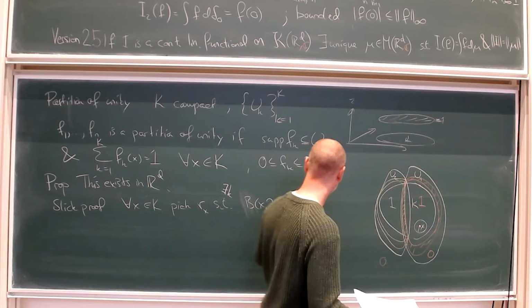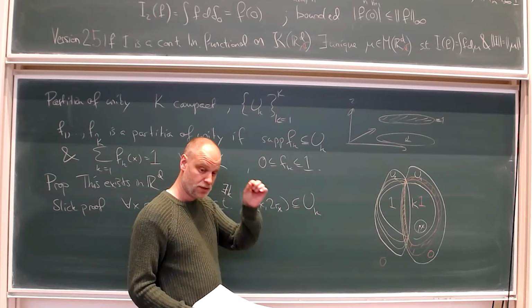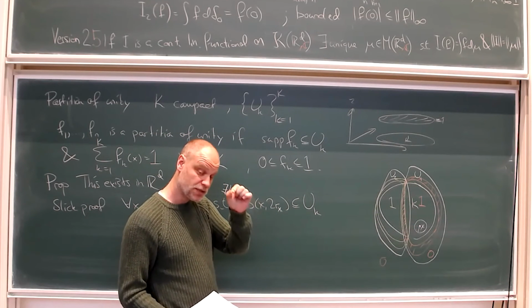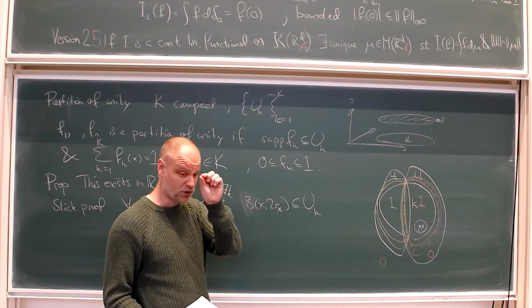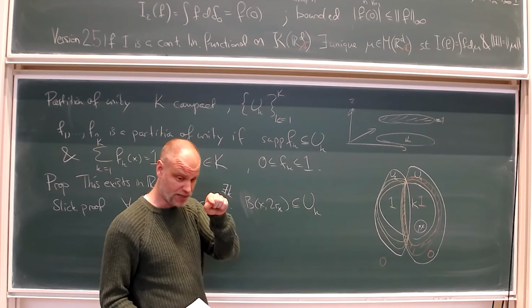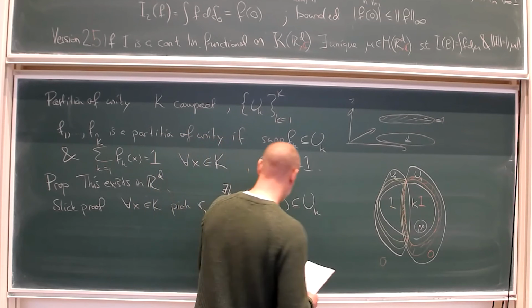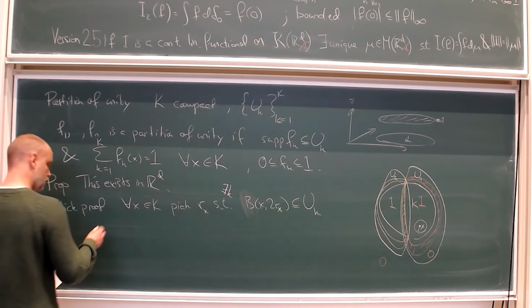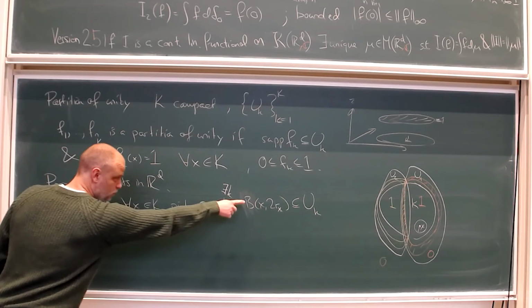So the outside of your ball is a closed set, and the point x is also a closed set. So you have 2 closed sets. So you can find a function which is 1 on the point x and 0 outside of the ball. But actually, yeah, okay, so we need to shrink the ball a bit. That's why I have 2Rx still.